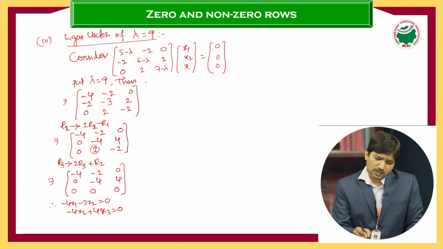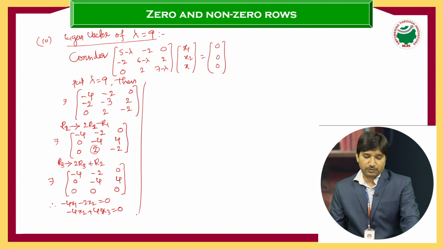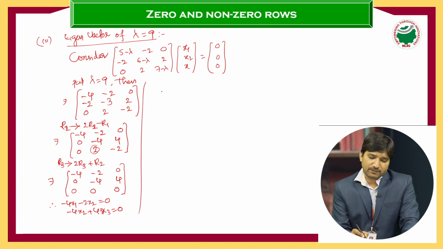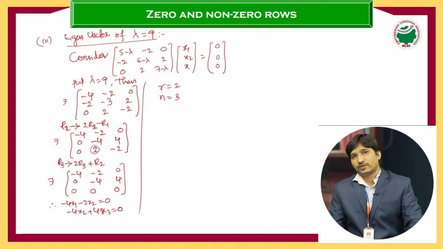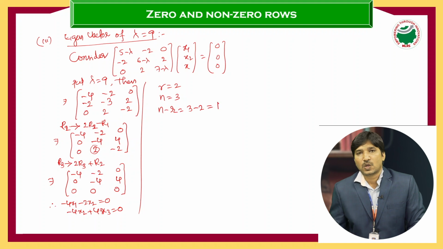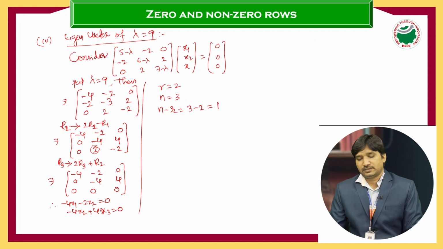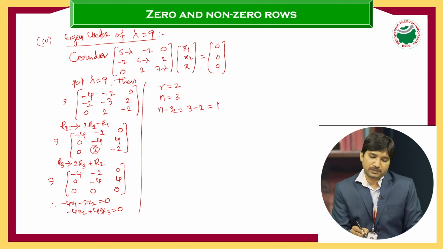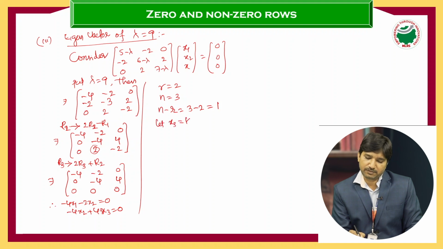The rank of the matrix is 2 and the number of variables is 3, so the number of linearly independent solutions is n minus r, that is 3 minus 2 equal to 1. Let us assume x3 equal to k.